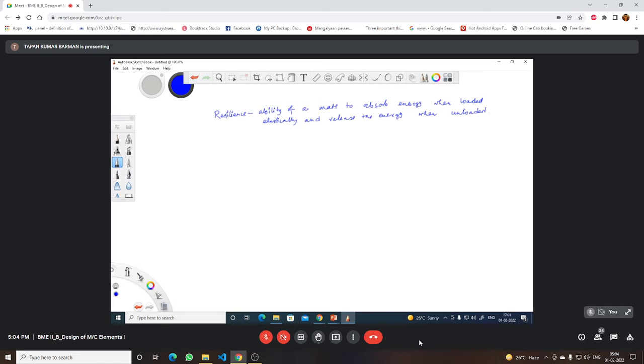Okay. Now see, say for example, this is my stress strain curve.